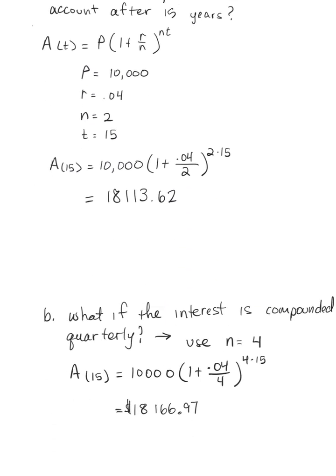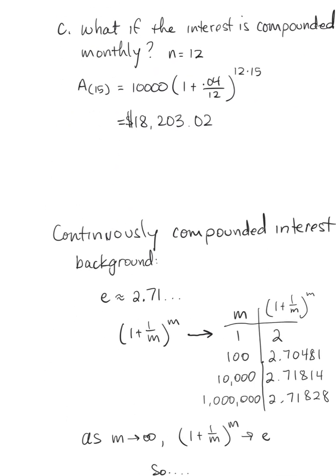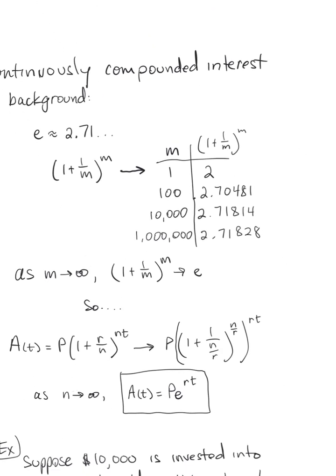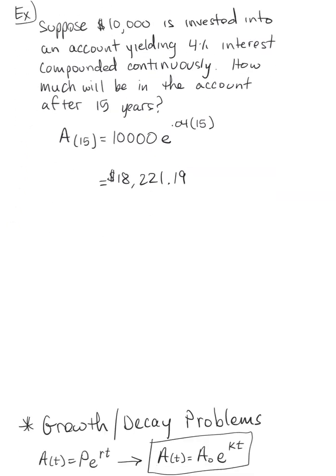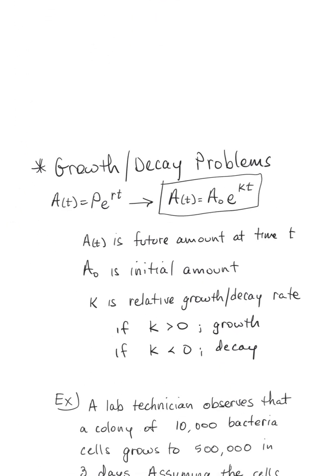We had the continuously compounding interest formula, A equals principal times e to the rate times time. And then we had our growth and decay problems that essentially use the same formula as continuously compounding interest. And as the two examples we just did show, typically you start by finding that relative growth or decay rate first, and then writing the model that could be used to make future predictions.